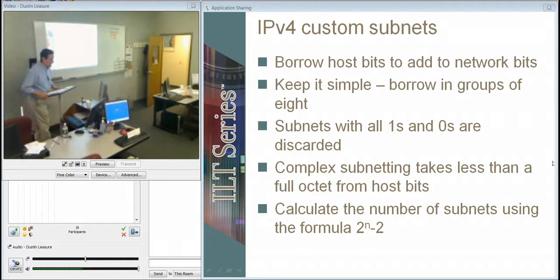Subnetting is the idea that I'm going to take some bits from the host and give it to the network. Simple subnetting is the idea of doing this in groups of 8 bits, because 1 octet is 8 bits.